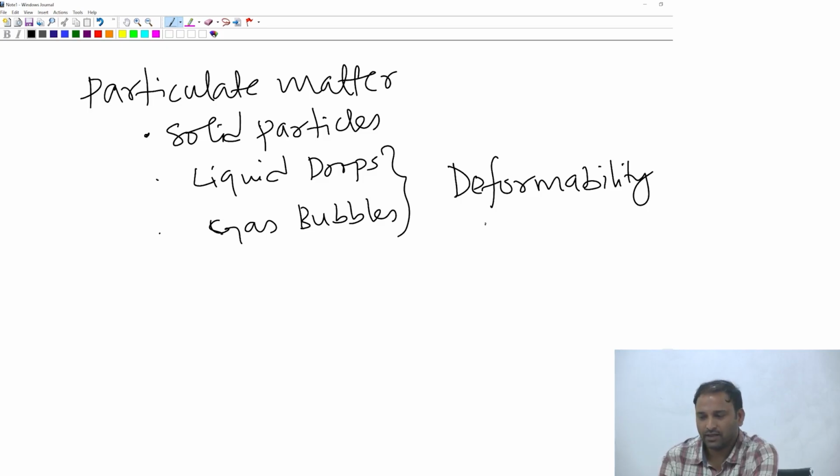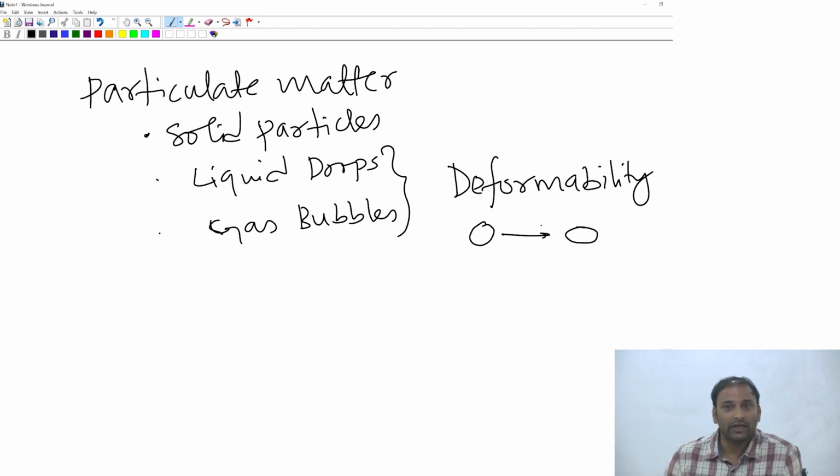You could be working with spherical liquid droplets to begin with, but during processing they can become elongated. So such deformability you would have to worry about when dealing with liquid droplets or gas bubbles.